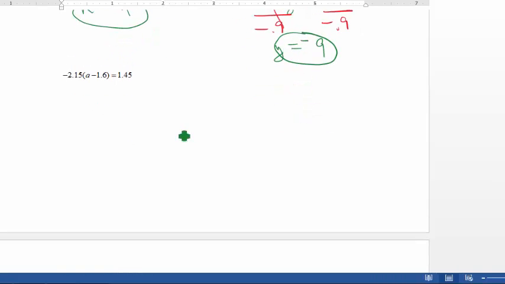And then the last one, of course, it doesn't have like terms, but it does have this parenthesis, which needs to be eliminated by distributing, right? Distribution. So negative 2.15 times a is negative 2.15a, and then negative 2.15 times negative 1.6.